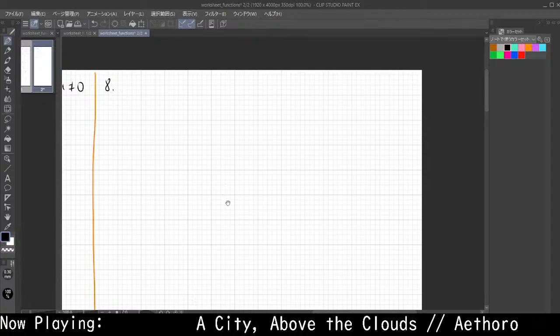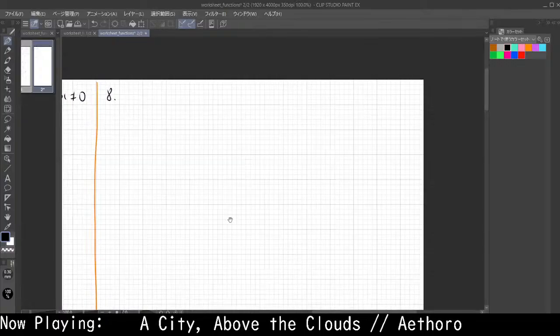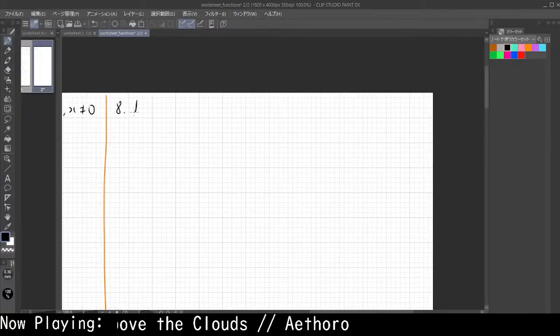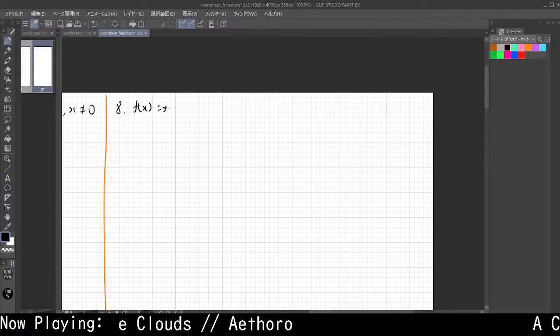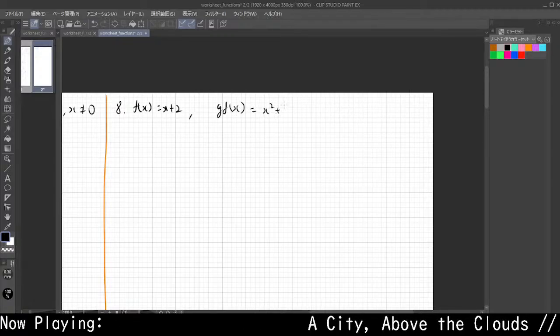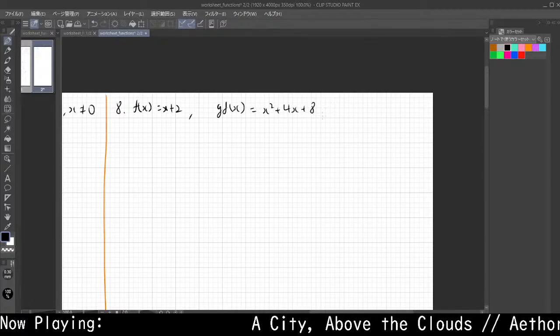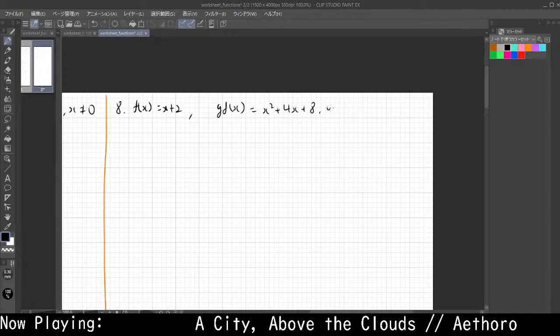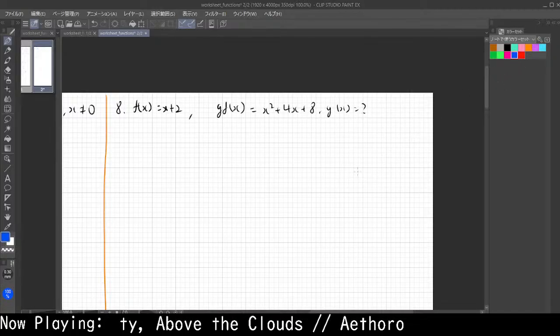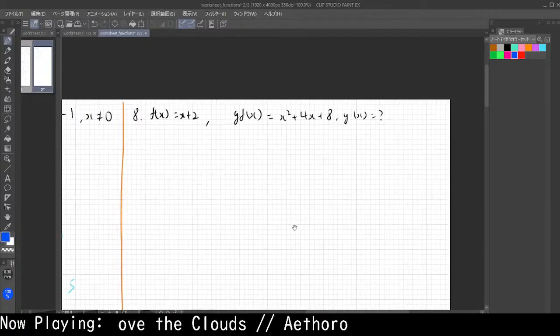Okay, so given f(x) equals x plus 2, given f(x) equals x plus 2, g(f(x)) equals x squared plus 4x plus 8, find g(x). This is a different type of question.